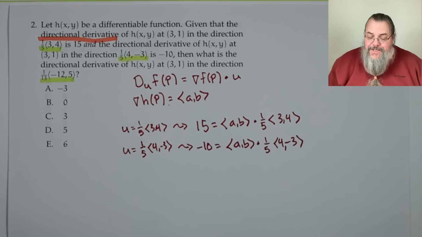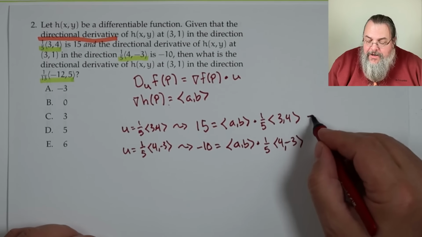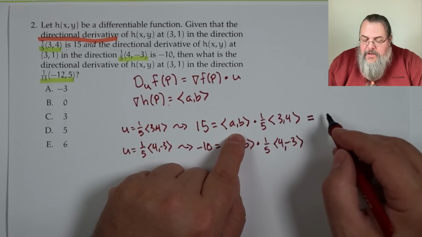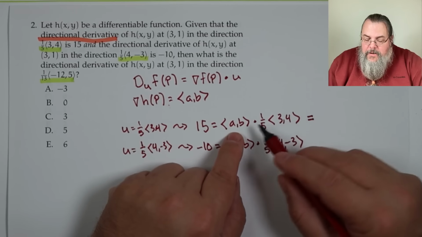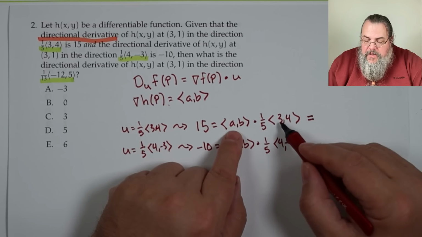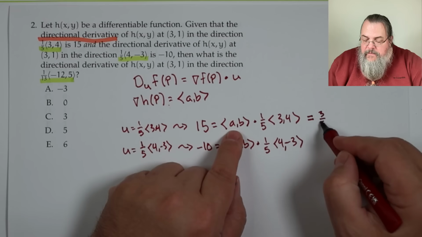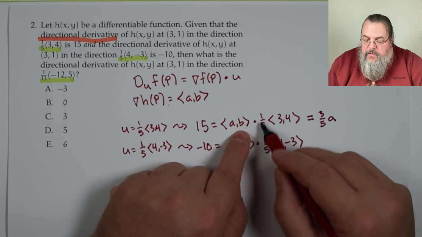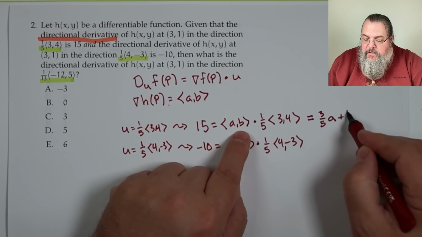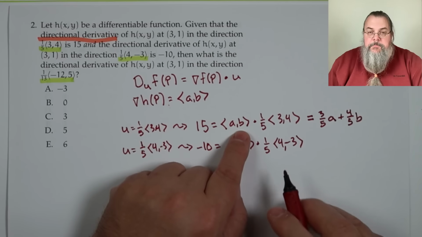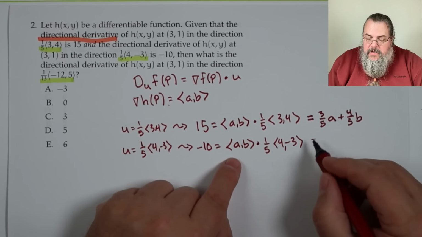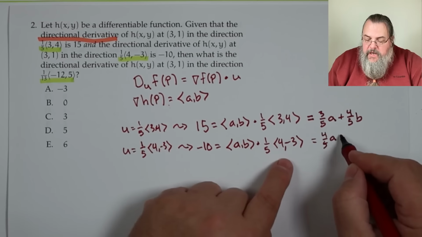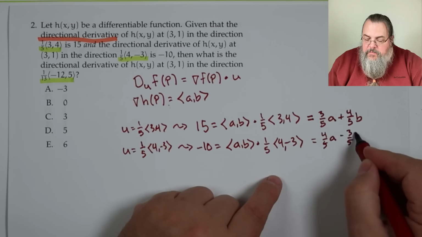Now, what do we actually have? If we carry out our dot product, we get 1/5 times a times 3, so that's 3/5 a, plus b times 4/5, so 4/5 b. And down here, we get 4/5 a minus 3/5 b.